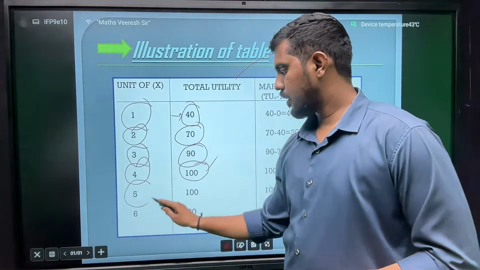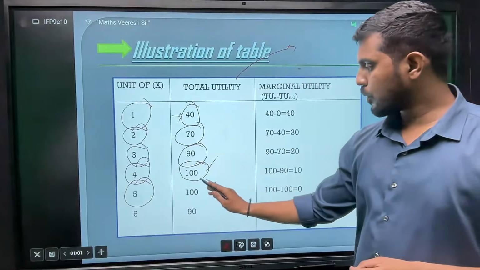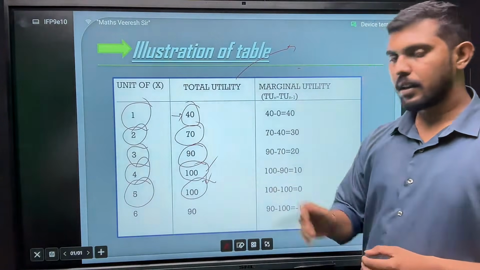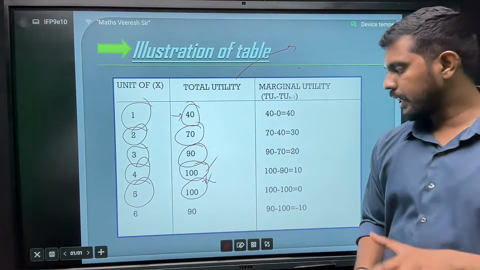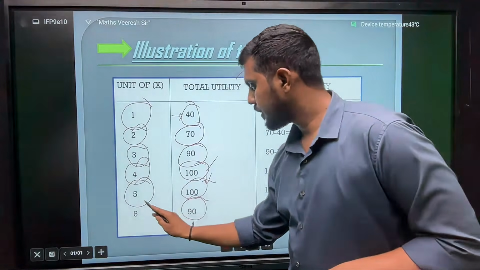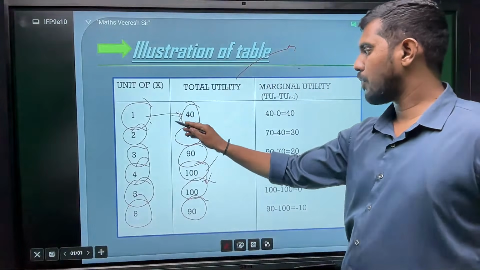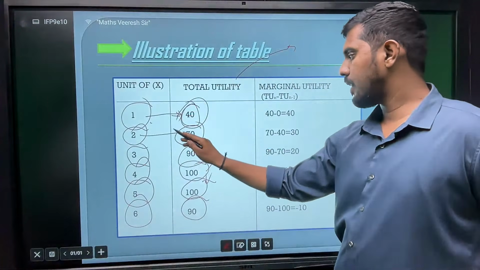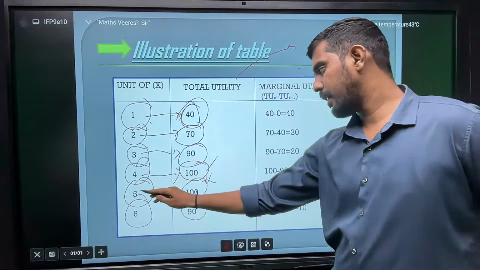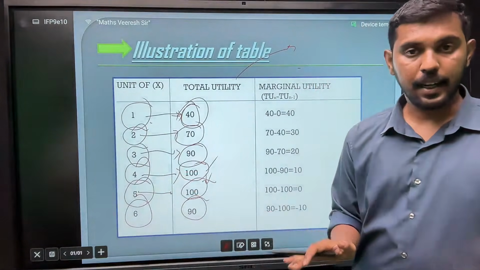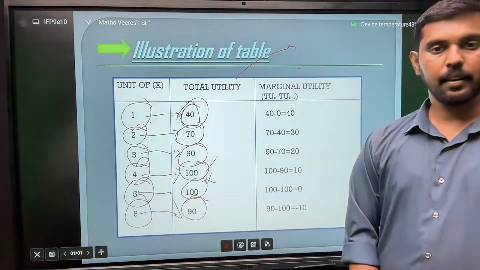When he consumes the fifth, he gets maximum utils, up to 100. When he consumes the sixth, the total utility decreases to 90. First he got 40 utils, second 70, third 90, fourth 100, and fifth he got maximum satisfaction, and at the sixth it automatically decreased.